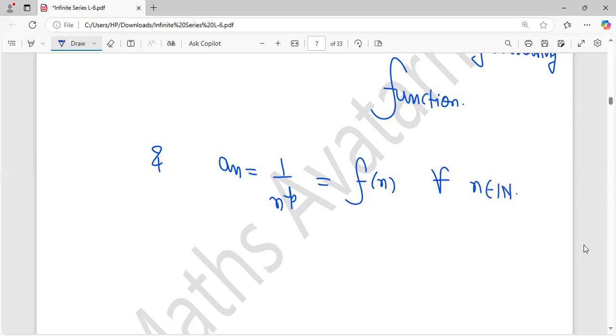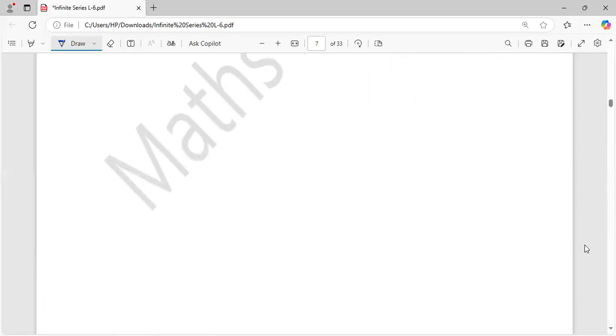Now what is this integral, from 1 to epsilon of f(x) dx?